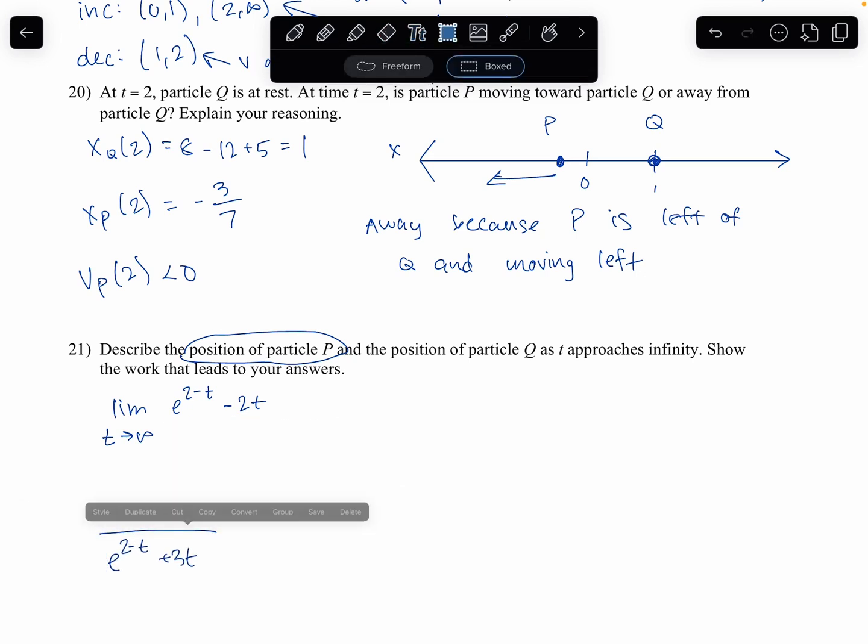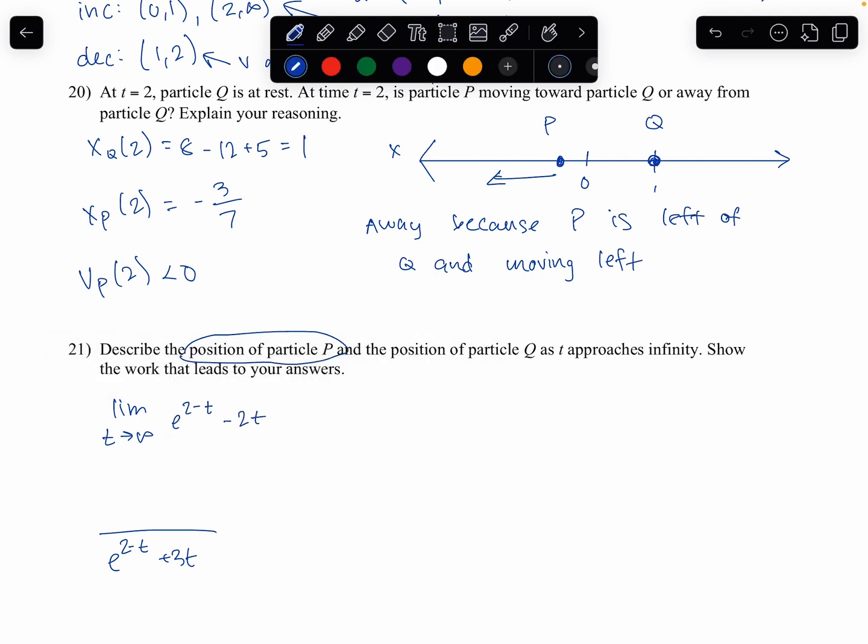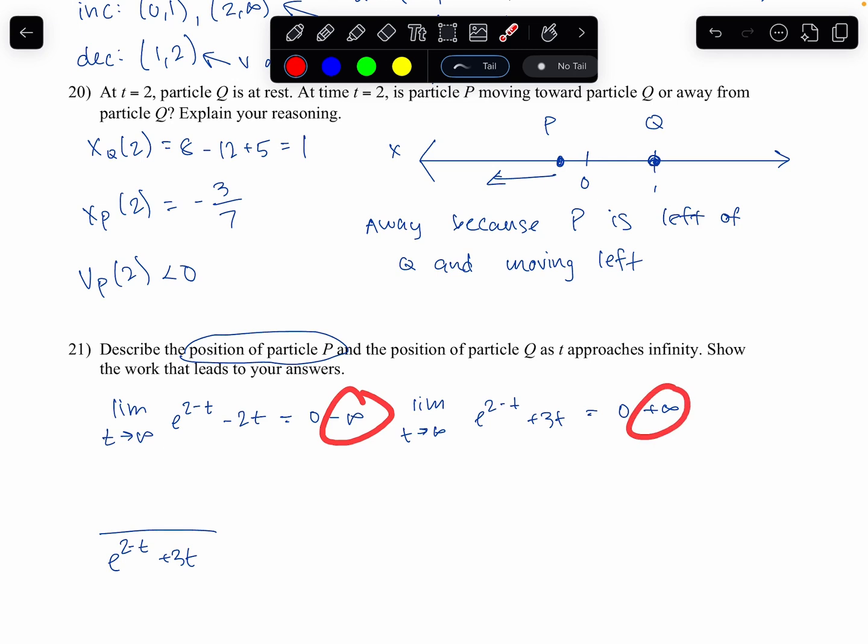We have to do this separately because it's a free response question. So it's going to be equal to 0 minus infinity. And then the limit as t approaches infinity of e to the 2 minus t plus 3t is going to be 0 plus infinity. And so we get negative infinity over positive infinity, which is an indeterminate form.